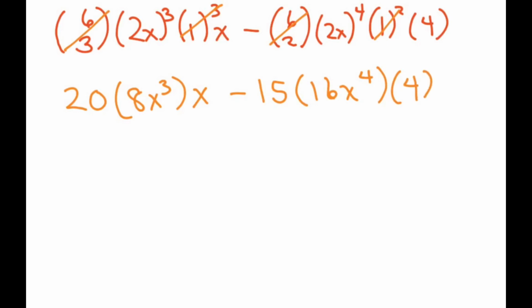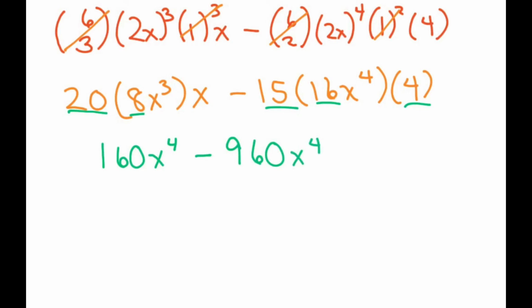So then we're going to just multiply our coefficients. That's 160 x to the 4th minus, this is 60 times 16, that's 960 x to the 4th. And then combine our like terms. That's going to be negative 800 x to the 4th.